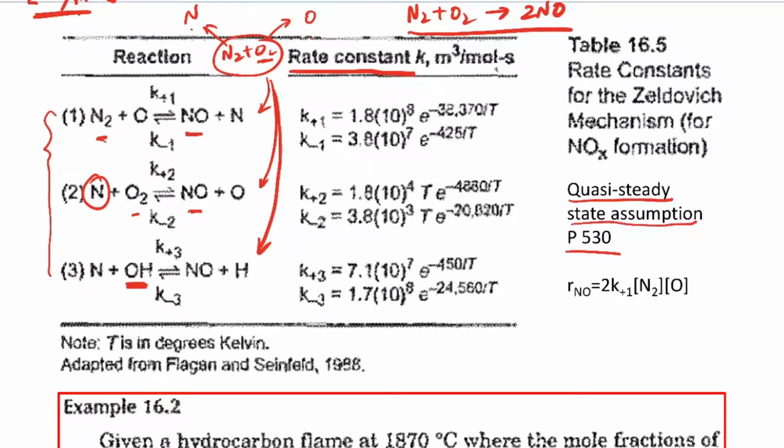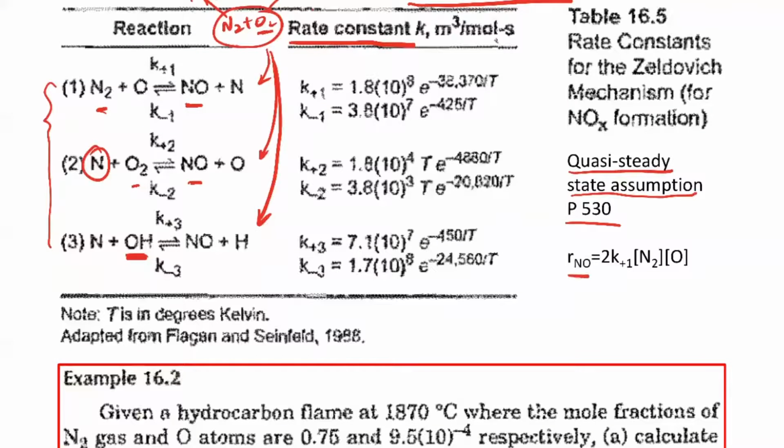Okay, so if this assumption works for this type of reaction, then the formation rate of nitrogen monoxide is going to be twice the rate constant for the forward reaction of the first reaction, multiplied by the concentration of nitrogen molecules multiplied by the concentration of the oxygen radicals, okay? So you can read through the textbook about how they derive this equation here.